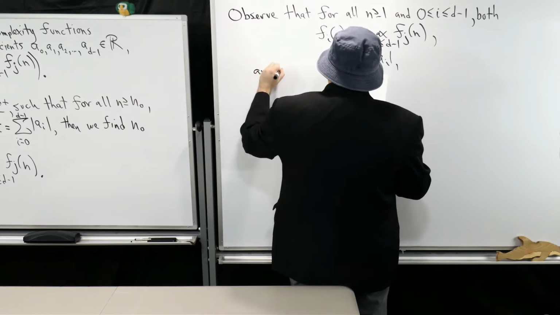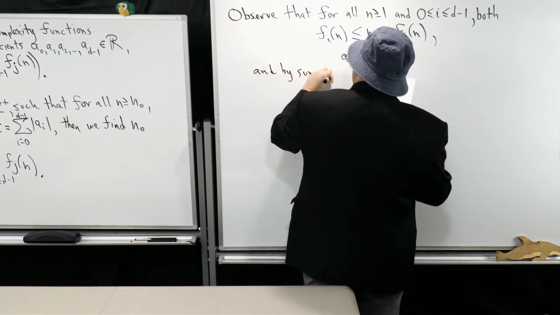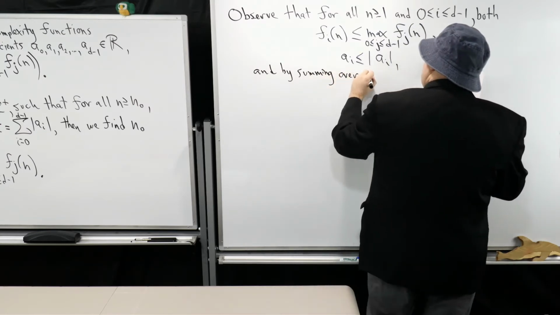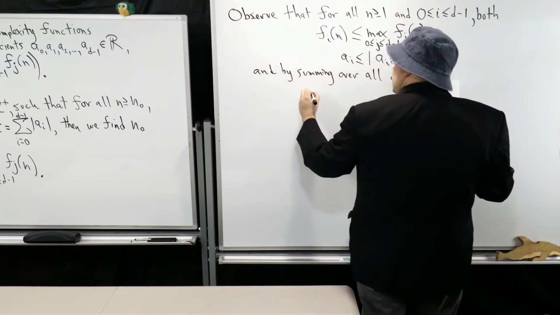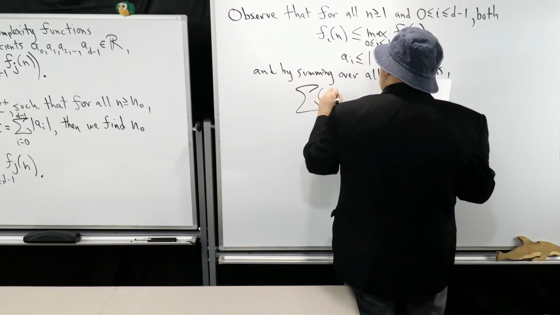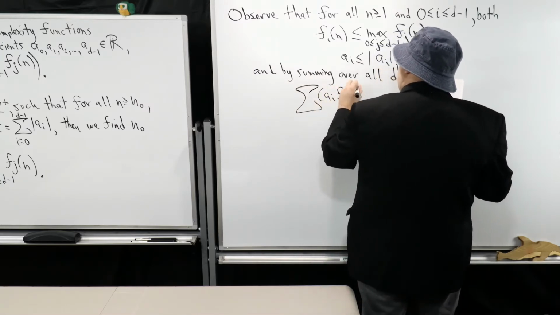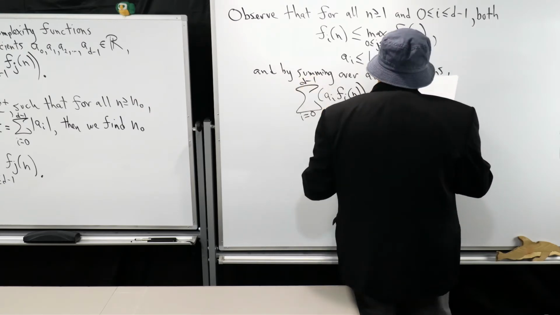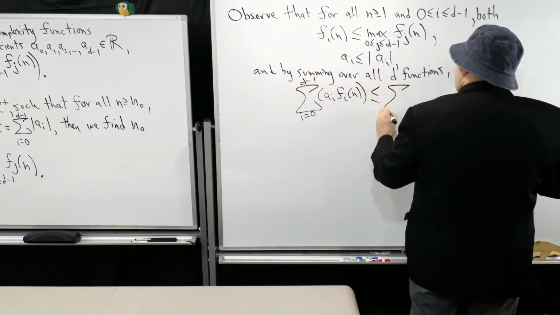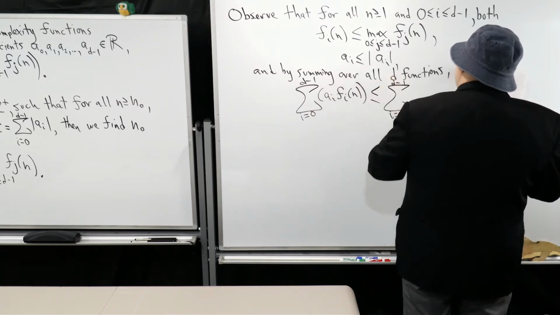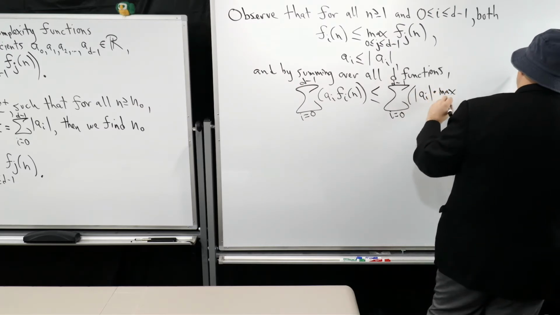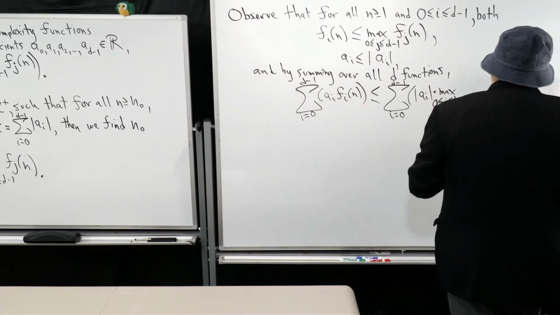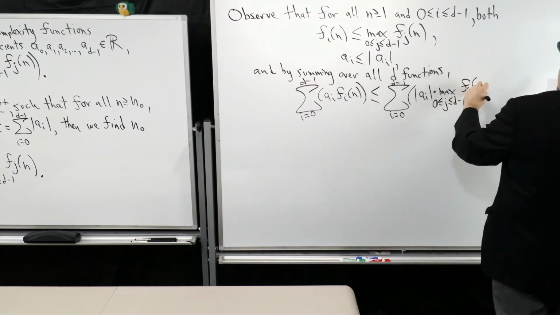So by summing over all d functions, the sum of the product of a sub i fi of n is less than or equal to the sum of i from 0 to d minus 1 of the product of the absolute value of a sub i times the max of fj of n.